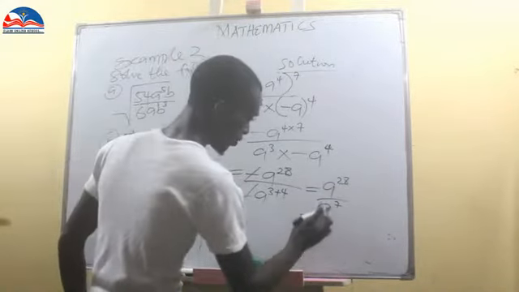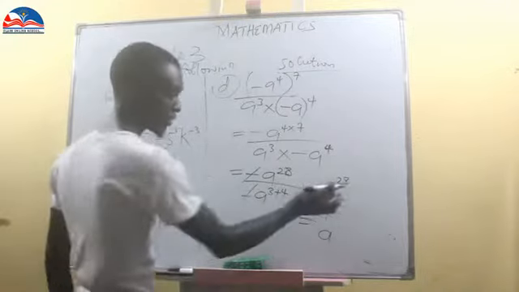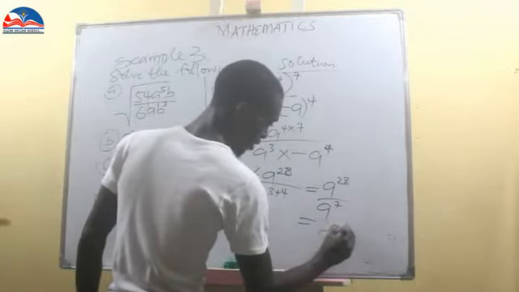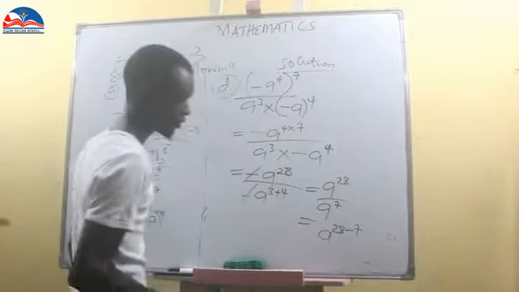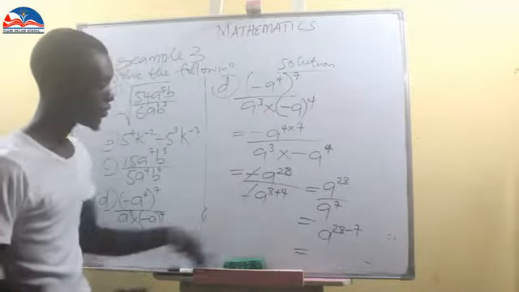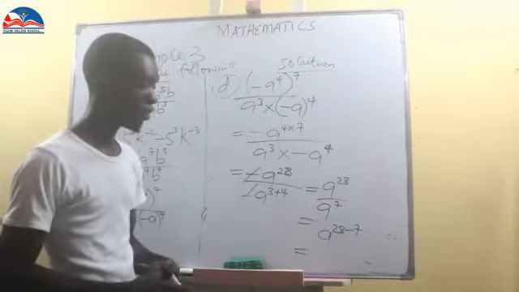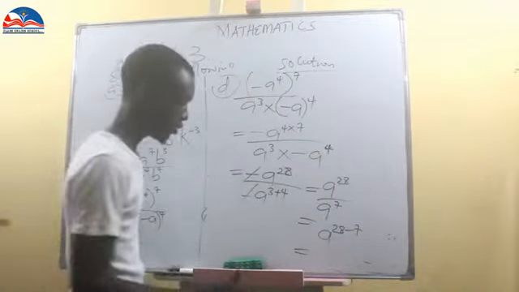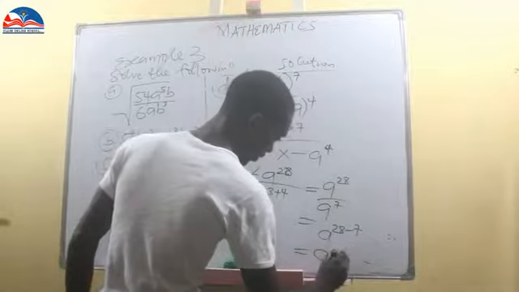So when we take one of the base, the same, we will now subtract the indices. 28 minus 7 will give us 21. And we have A index 21.